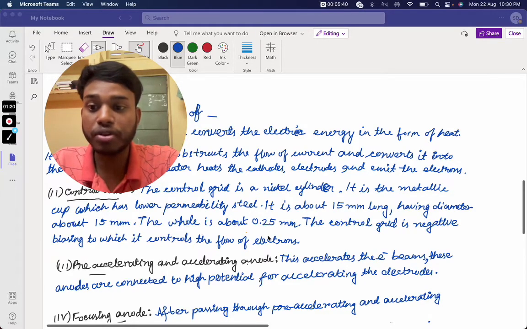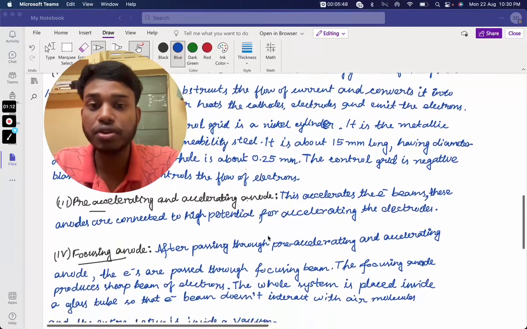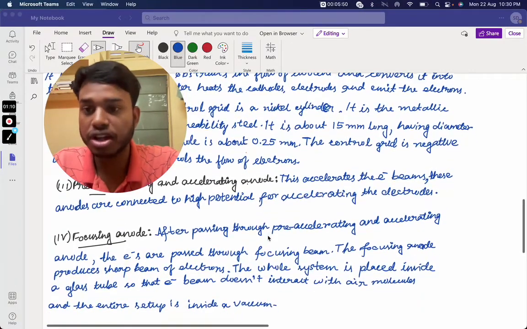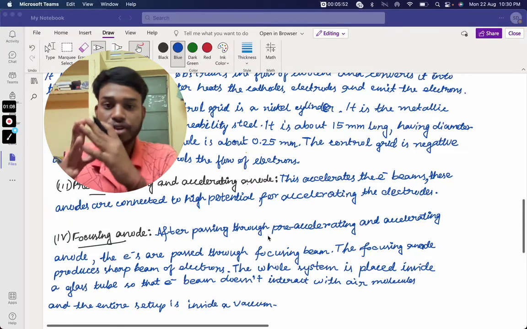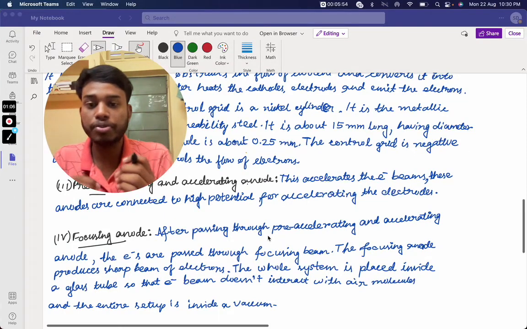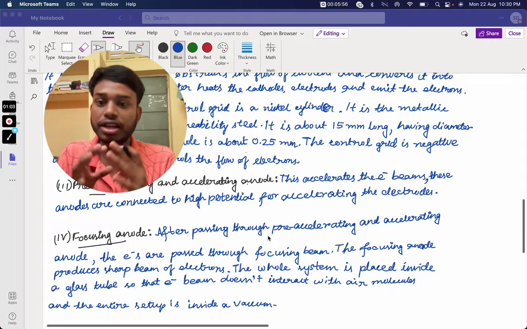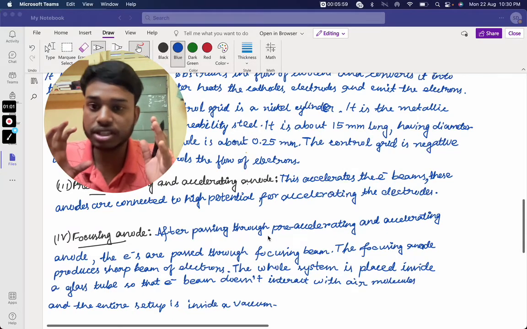About the pre-accelerating and accelerating anode, this accelerates the electron beams. These anodes are connected to high potential for accelerating the electrons, and after passing through the pre-accelerating and accelerating anodes, the electrons are passed through the focusing anode.